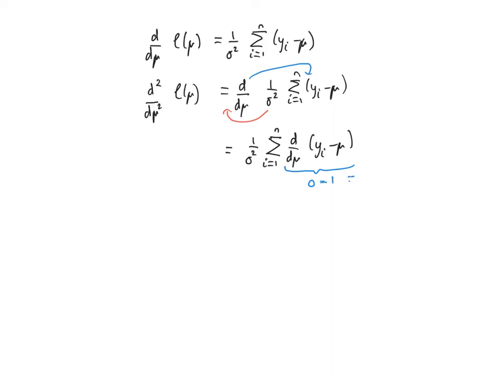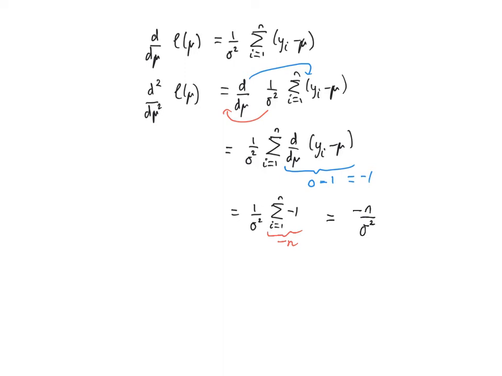So the differential part is equal to minus 1. So we have 1 over sigma squared, the sum i equals 1 to n of minus 1. And if we add up minus 1 n times, we end up with minus n. So the second derivative at any point mu is minus n over sigma squared.